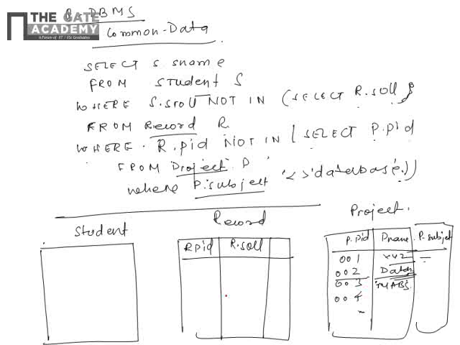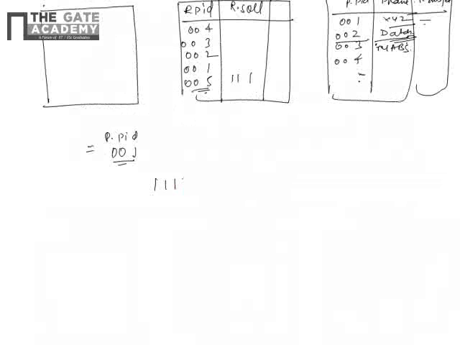Say there are Pids 004, 003, 002, 001, and 005. We have to select R.Sroll number where R.Pid is not in that result. Say this roll number is 111. Since this Pid is not in the inner result, this Sroll number will be selected.